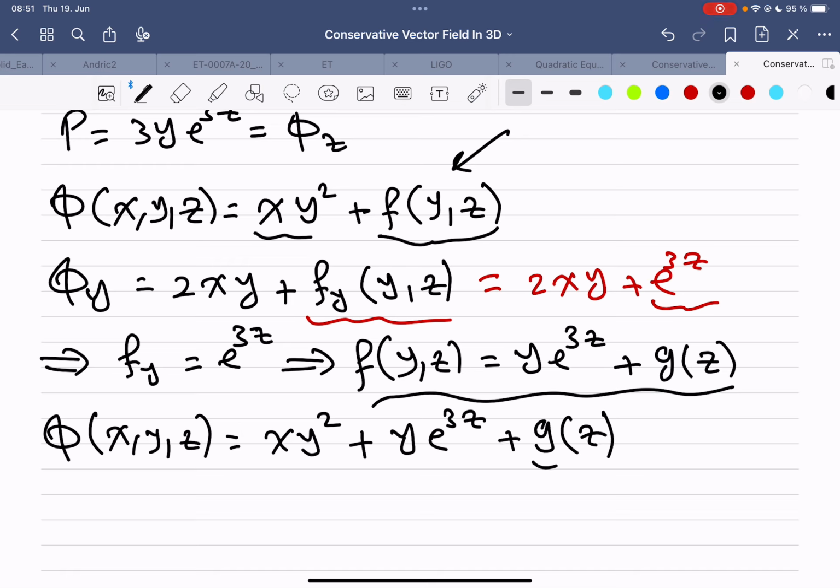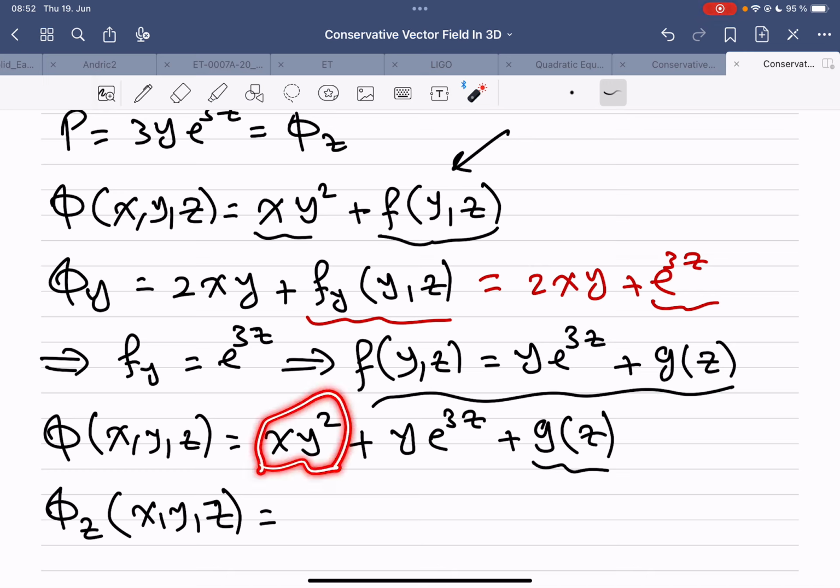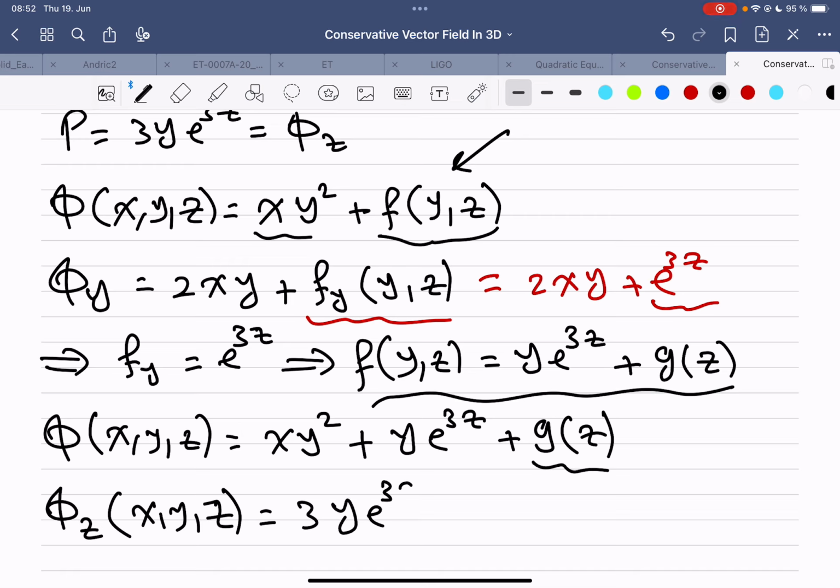Now we need to find g(z), so we will differentiate this function with respect to z. Phi z: when you differentiate x y squared with respect to z, it gives 0. When you differentiate y e to the power 3z with respect to z, it will give you 3y e to the power 3z, and this will give you g dash z.